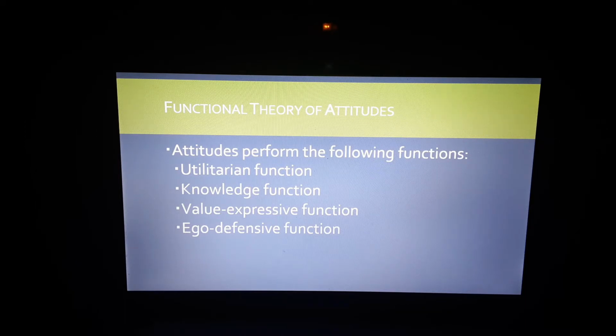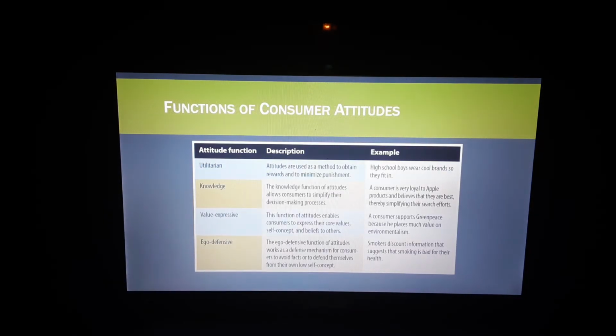Essentially, our attitudes influence how we feel, the function of the product, and our feelings of favor or disfavor about the product. We'll talk a little bit about each one of them.